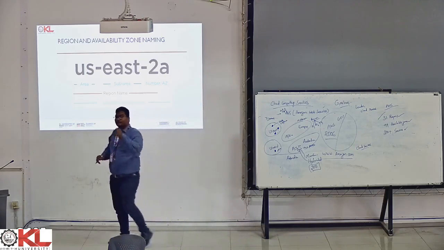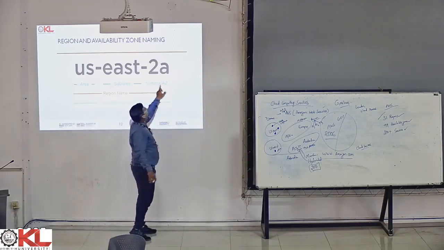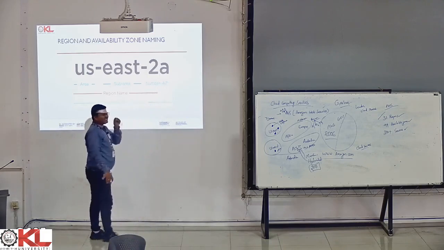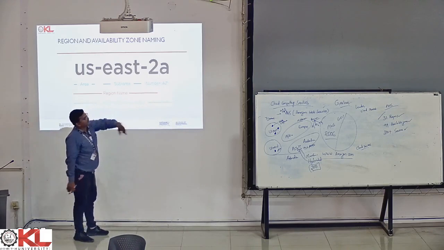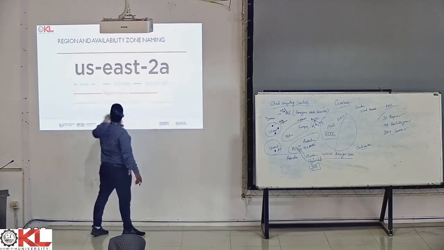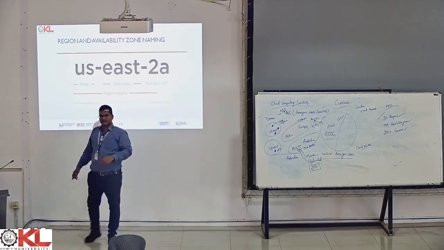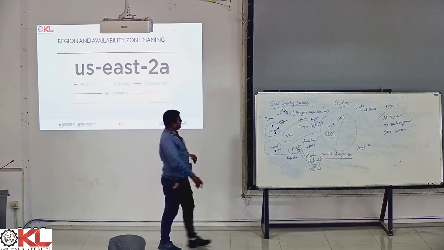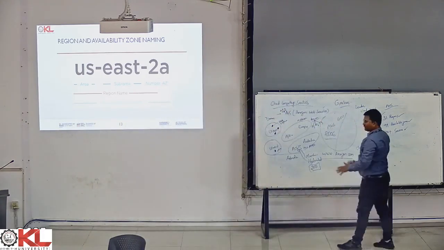The representation is going to be mentioned here. AZ means available zone, this is the sub area. This is the region, the entire region up to 2. This is the available zone up to A. Please understand this, it is very, very important. So this is how we should understand cloud computing.